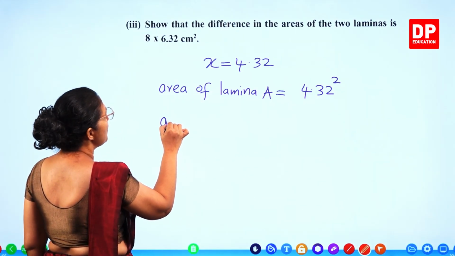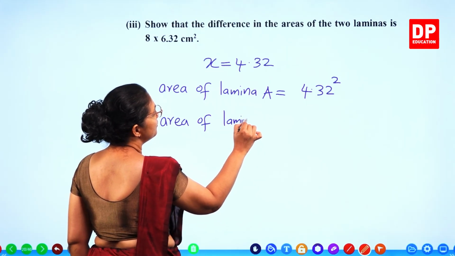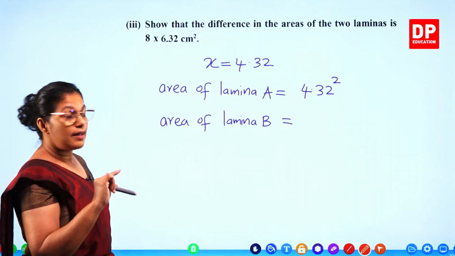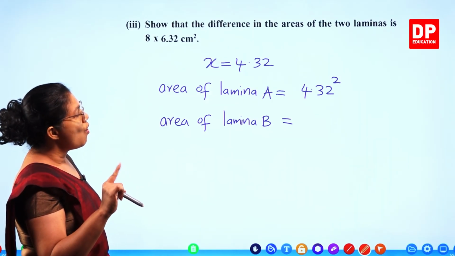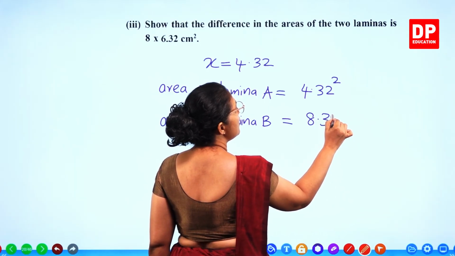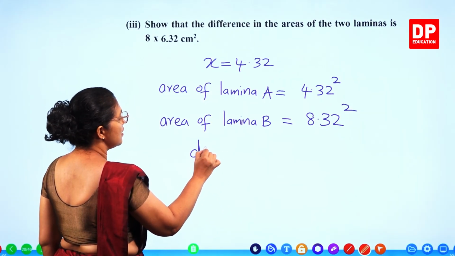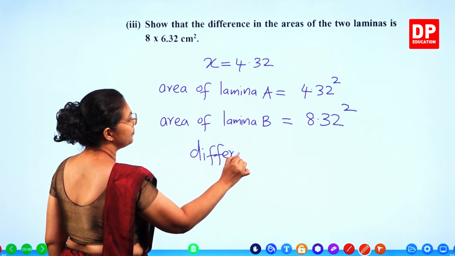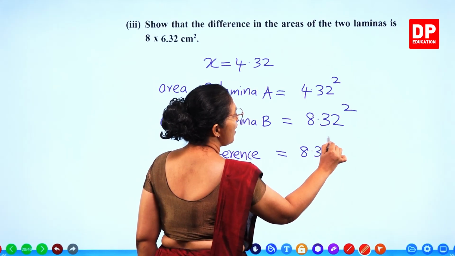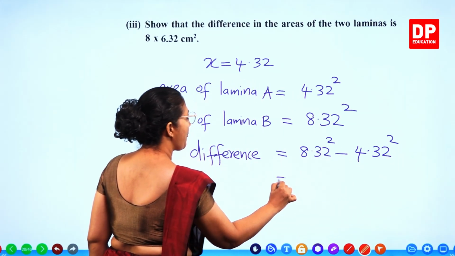What's the area of lamina B? X plus 4 is the length of one side. So 4 and 4.32, that becomes 8.32 is one side, that's squared. So what is the difference? It is 8.32 squared minus 4.32 squared.